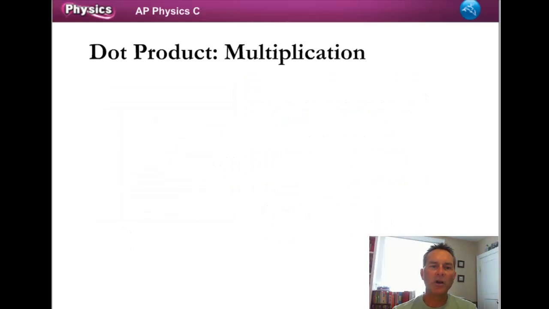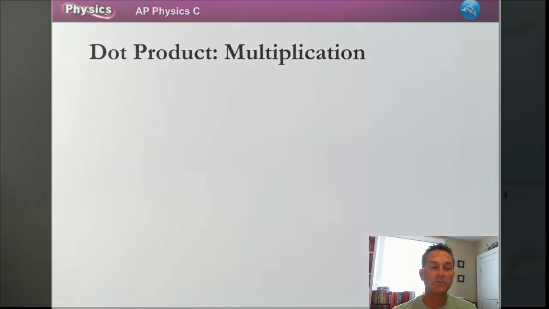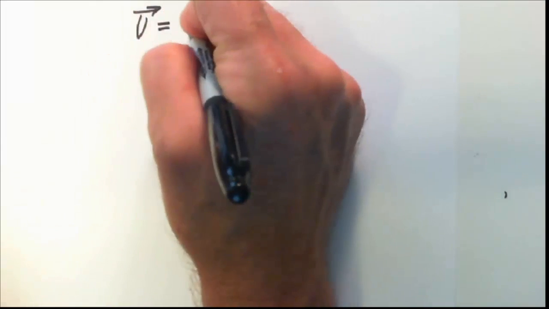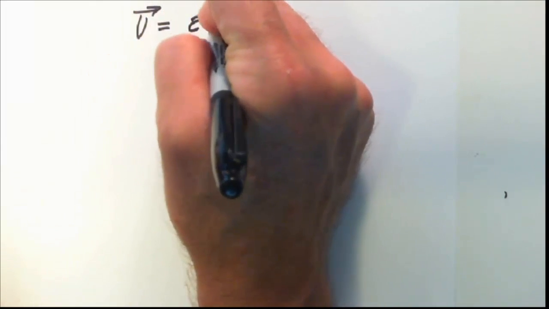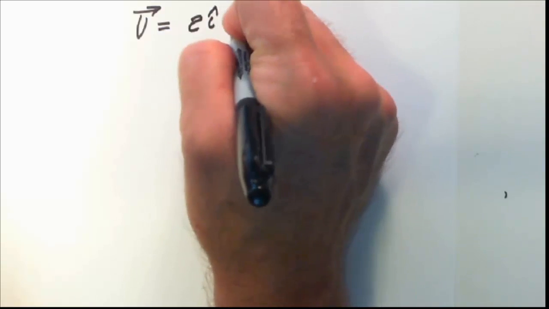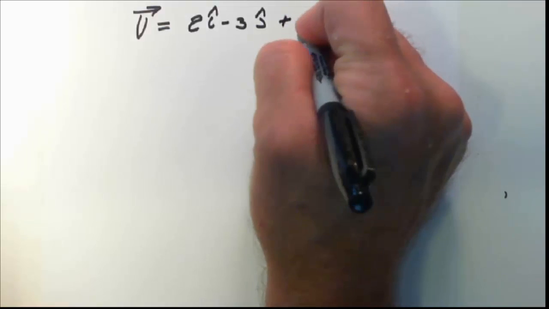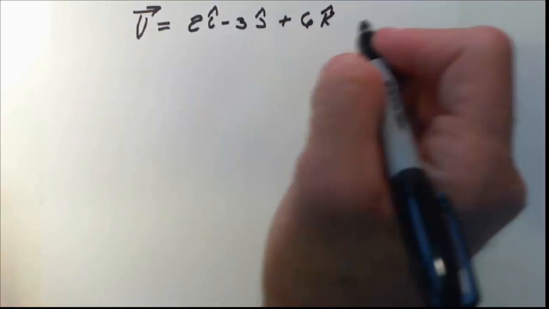In the following video, I'm going to demonstrate how to do a dot product of two vectors. Let's look at these two vectors. Let's say we have vector u, which has the components of 2i hat minus 3j hat plus 6k hat.